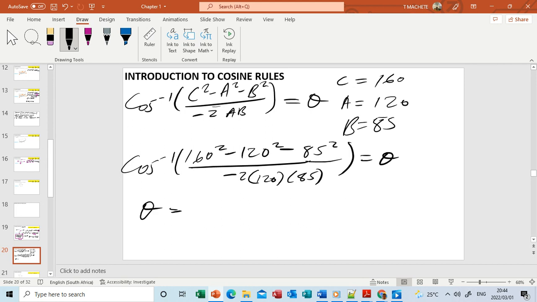One more thing, guys. When you do this, please make sure that your calculator, if you're using Casio, has a D on top. That D, the mode, is degrees.